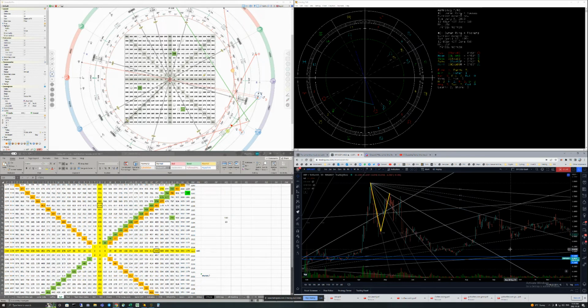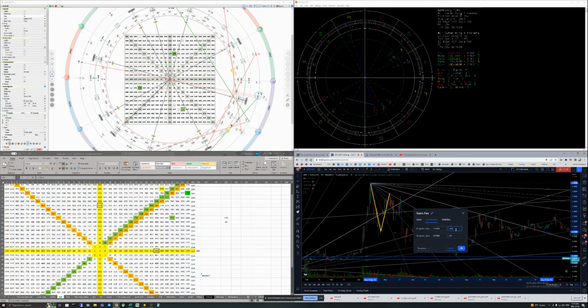So perhaps we need to split our resonance. So instead of 100 days, we're going to project half that. So now it's 200 days, so 50 cents a point.